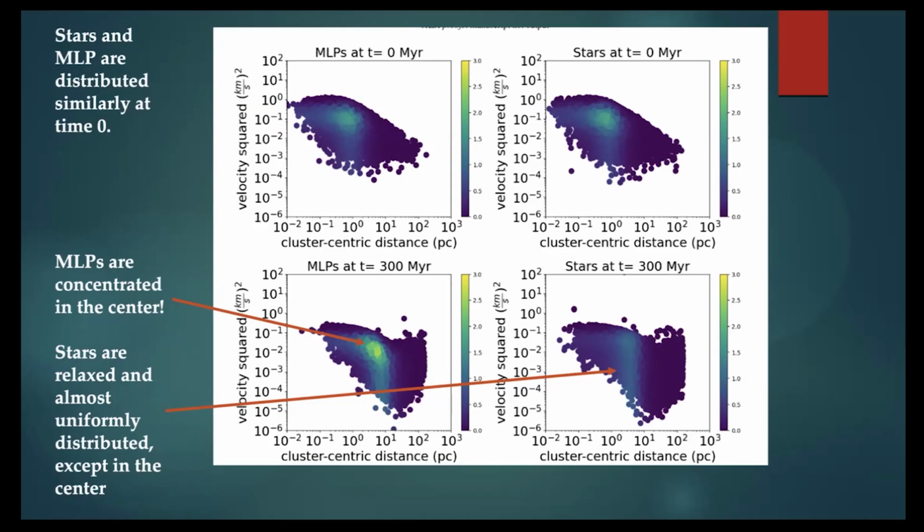The first thing to notice is that the planets are in the center of the cluster. This means that after the simulation, they tend to accumulate more in the center, and the stars are like this. This is already well known, but it happens in all the simulations that we have done. So it is a very interesting result.